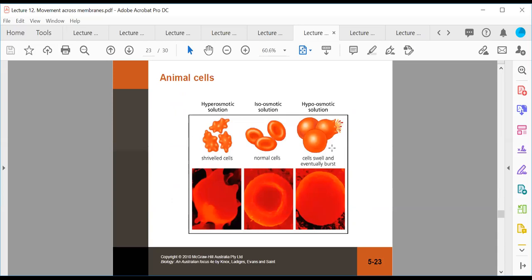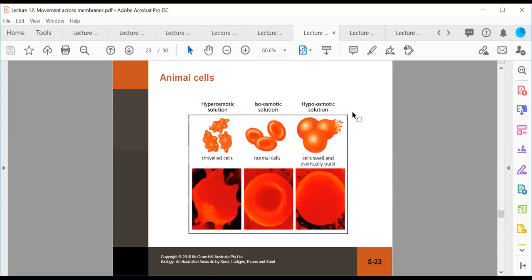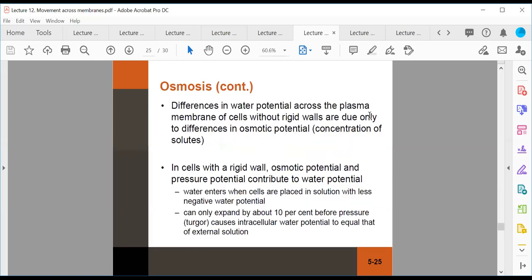And remember, we talked about what would happen to animal cells or plant cells when placed in different solutions, either isoosmotic, hypoosmotic or hyperosmotic. That's a good one also to revise.